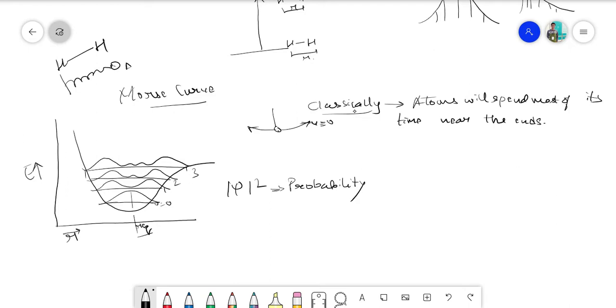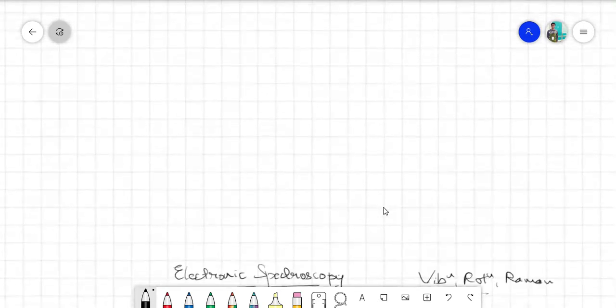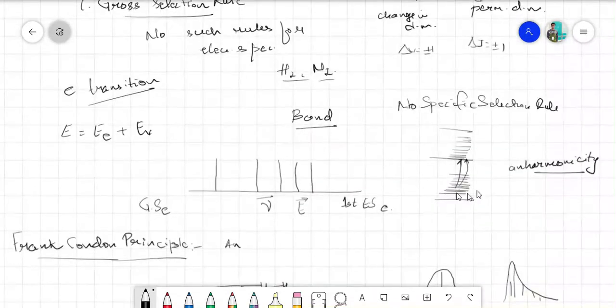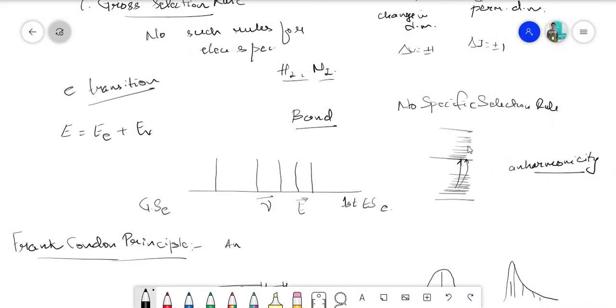Okay. So how can we study electronic transitions, which are between two electronic energy levels, along with transitions in the vibrational energy levels? Now, vibrational energy levels are different for two electronic levels. That would mean that the vibrational energy levels here are different from those here.